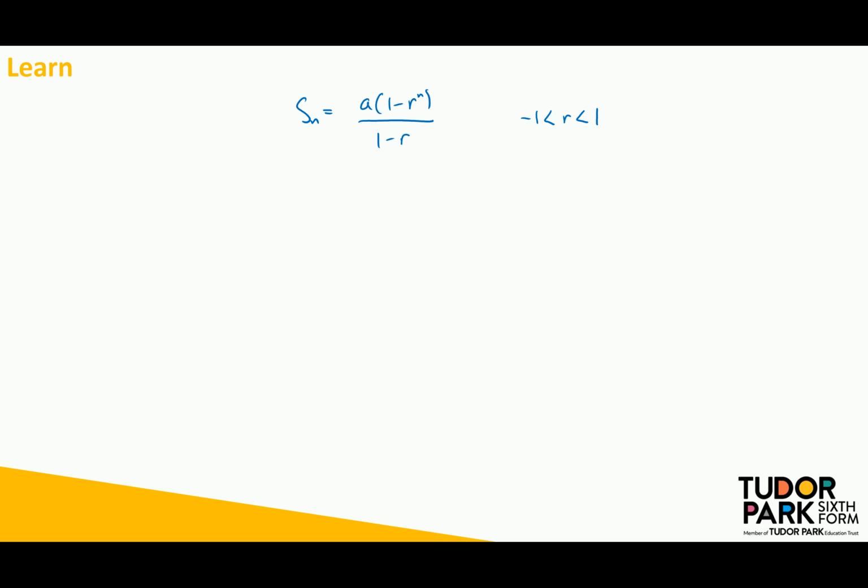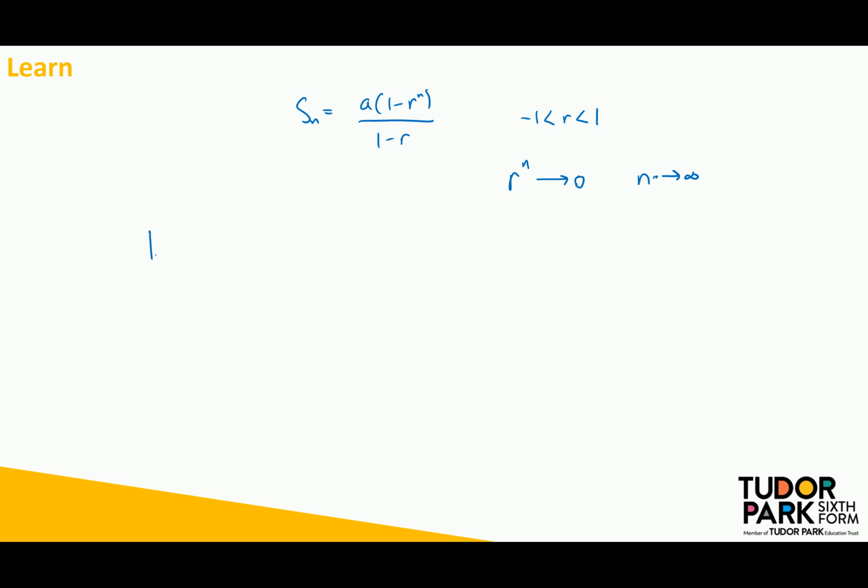Because if I take a number between minus 1 and 1 and I multiply by itself, it gets smaller. If I find a third of a third, it's smaller than a third. And if I find a third of that, it's smaller again. So any value there that I would raise to the power of n would tend towards 0 as n tends towards infinity. So what does that mean for this infinite sum?